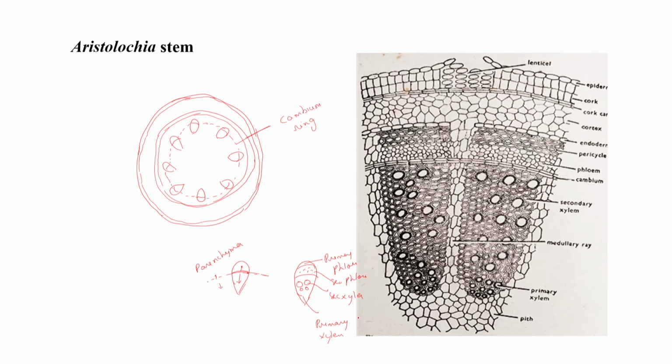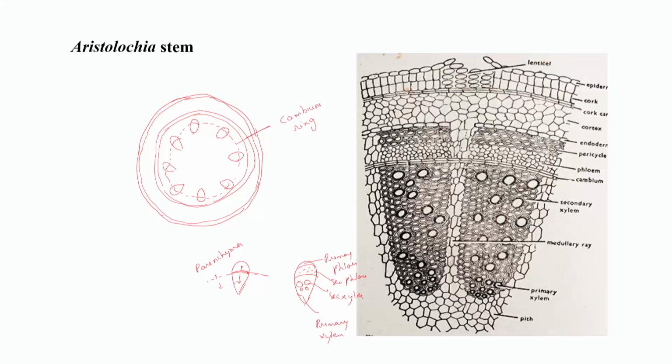So in this case also you will still find discrete patches of vascular bundles, as you have seen in Cucurbita, that there is no continuous ring formation because the center region is occupied by parenchyma. So as discrete patches of vascular bundle were there in the primary structure, similarly you will also see those discrete patches in the secondary structure.